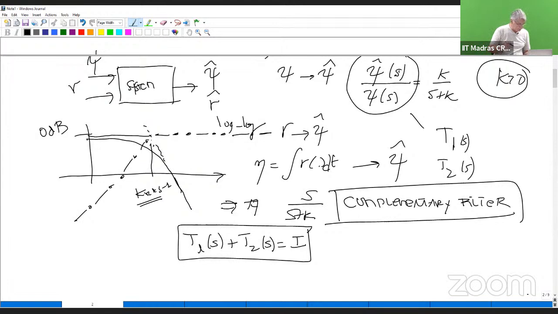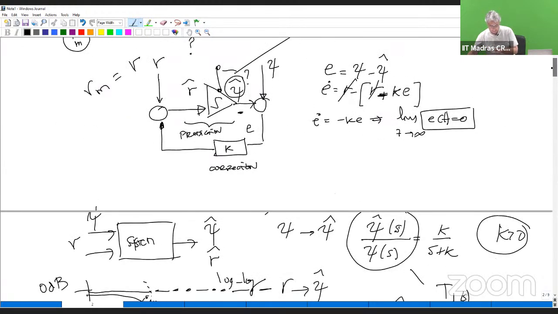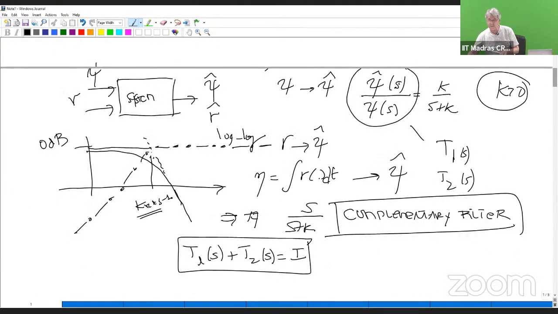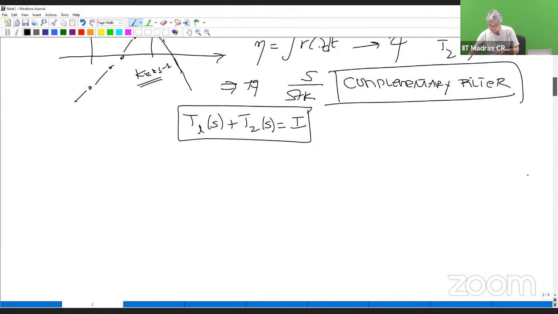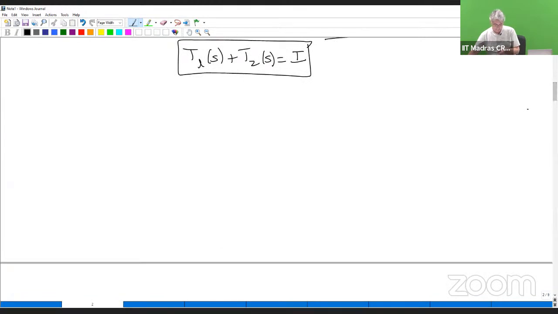This is a very cute filter called a complementary filter that gives you a recipe for the choice of the gain K. K is going to specify this break frequency, and that's how you choose it. You can try this with the rate gyro and the compass, mingle the two using this, and you'll see that it works very well.